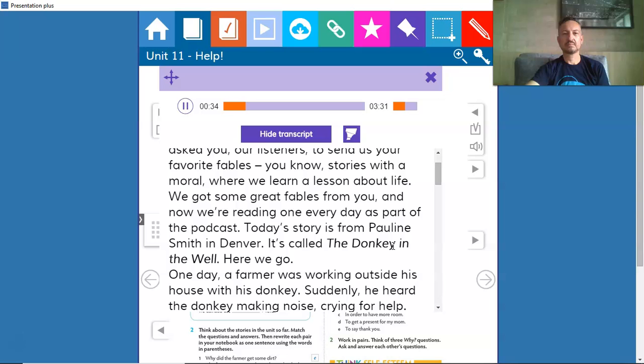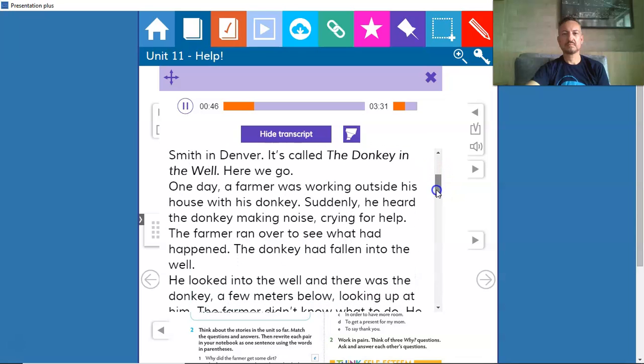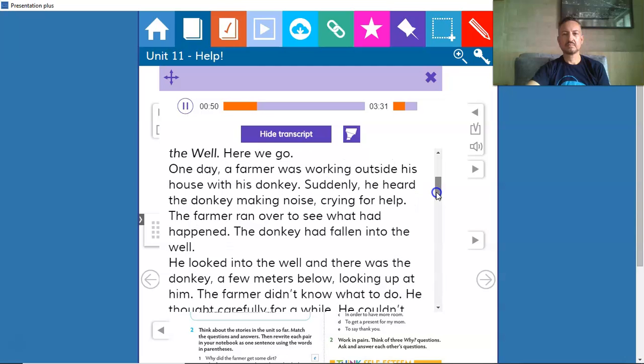One day, a farmer was working outside his house with his donkey. Suddenly, he heard the donkey making noise, crying for help. The farmer ran over to see what had happened. The donkey had fallen into the well. He looked into the well, and there was the donkey, a few meters below, looking up at him. The farmer didn't know what to do.